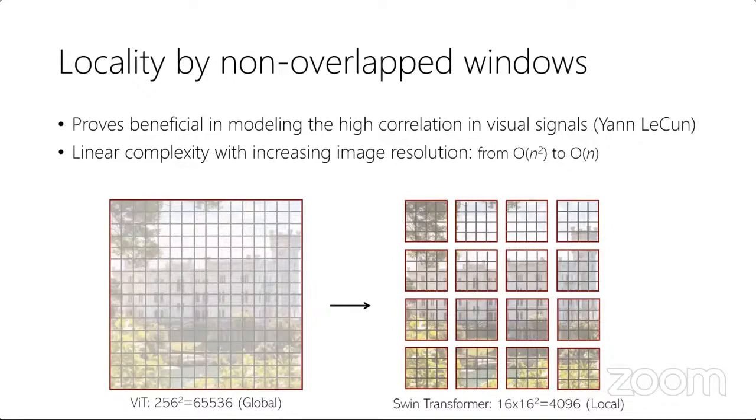There are 256 patches, and the computation of ViT is in quadratic complexity with respect to the number of patches. Please see the right image. When we partition an image into 4x4 windows and perform computation within each window, the complexity is reduced by 16 times.